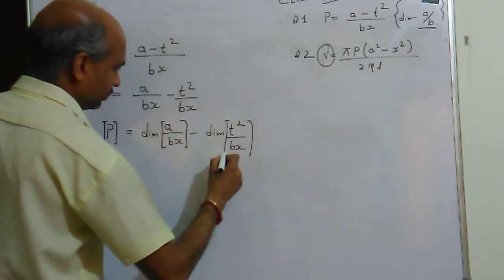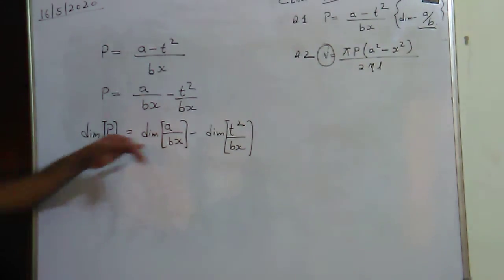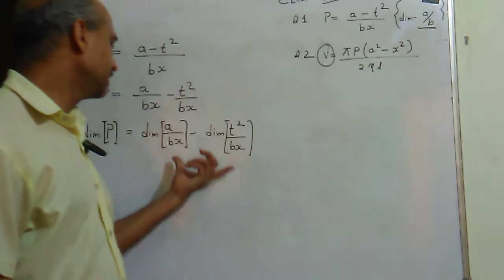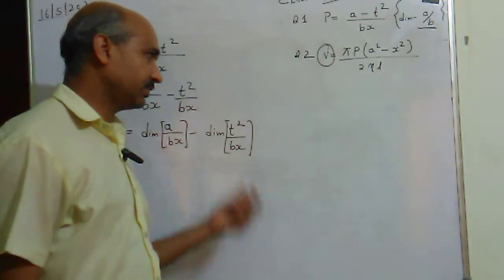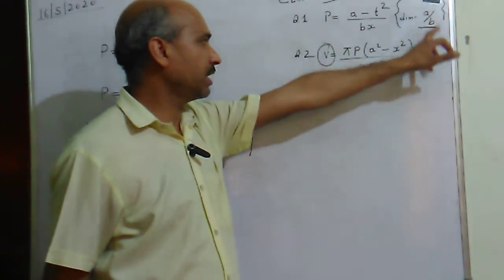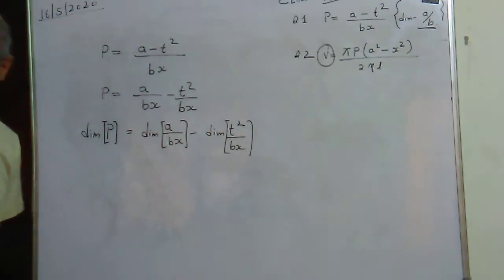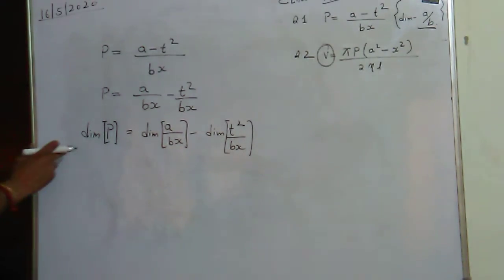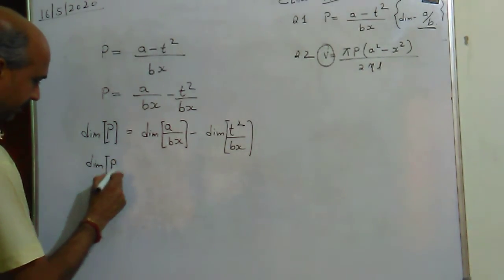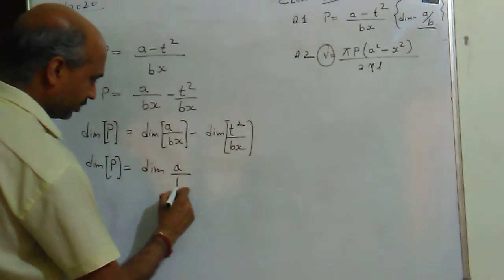If I use the principle of homogeneity, it means the dimension of each term is equal. In the question we have to find the dimension of A upon B, so there is no need of taking the other term, remove it. I simply write: dimension of P equals dimension of A upon Bx.